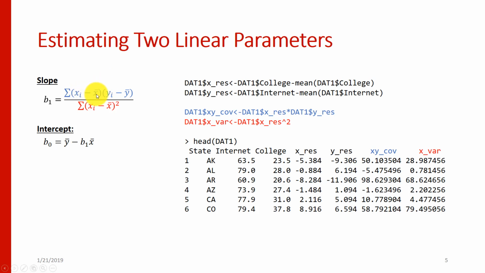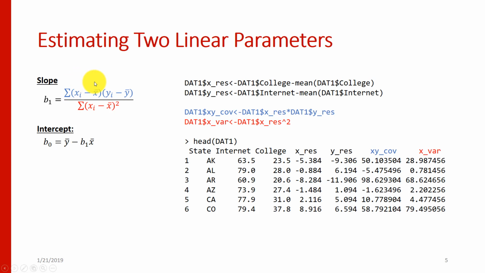And if x is below the mean, so this value is negative, when y is below the mean, so this value is also negative, the end result is going to be a positive number, since a negative multiplied by a negative gives us a positive. So if as x gets bigger, y gets bigger, and as x gets smaller, y gets smaller, those would tend to positively covary.